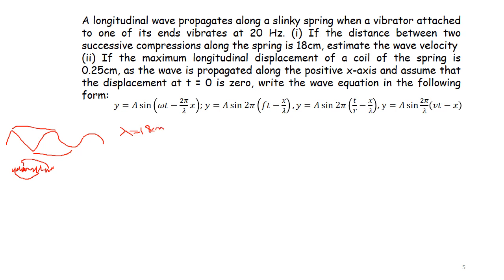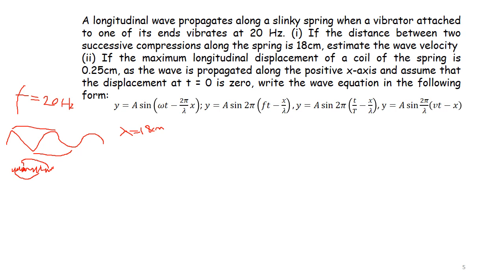And it is said that the frequency of the source of the oscillation, and we say frequency does not change as the wave propagates. So if the frequency of what causes that vibration is 20 Hz, then the wave will also have a frequency of 20 Hz. Okay? The wave carries the frequency of the source. So 20 Hz.